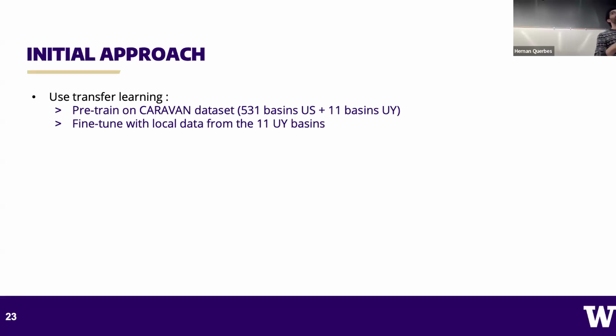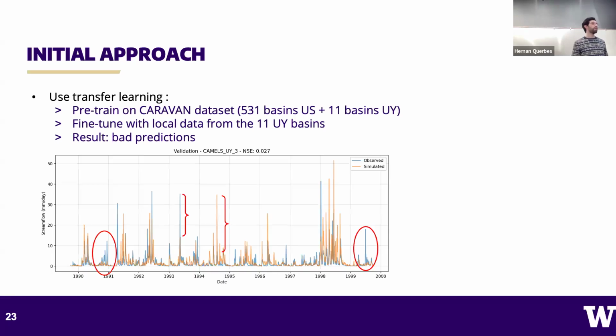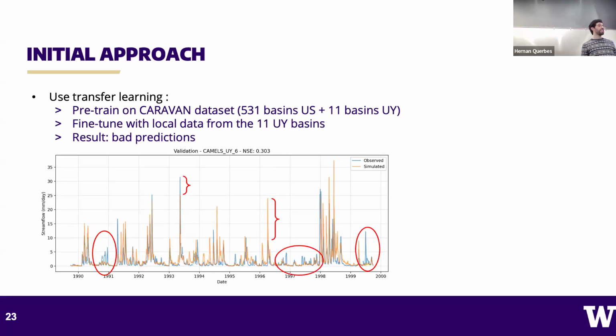Then fine-tune the pre-trained model to only the Uruguayan basins. But the problem that we were having is that the predictions were really bad. And here we can see some examples. So as you can see, we have a lot of missed peaks, really high biases on the magnitude of the peaks too. And this was the case for many of the basins that we were trying to fine-tune the model for.